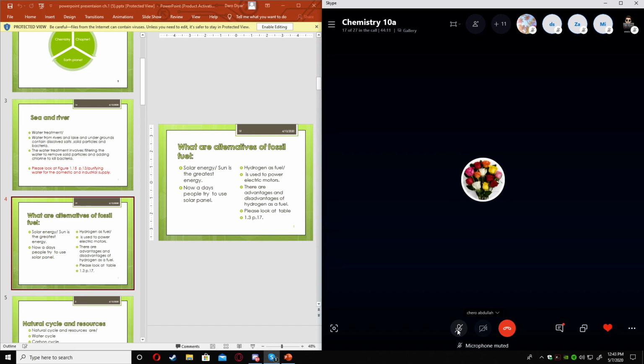Ara, yes, Miss. Can you do questions 120 to 126? What makes an ore different from any other type of rock? They contain metals. Yes, they contain different metals. That's why they are different.